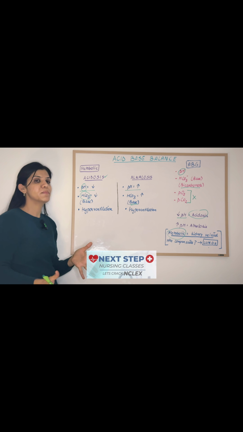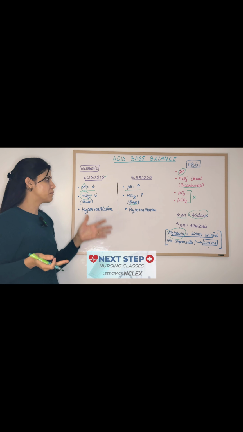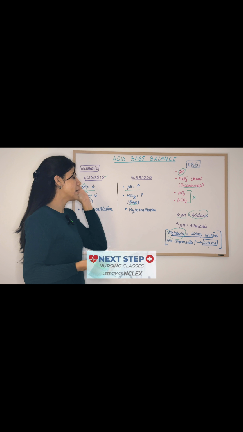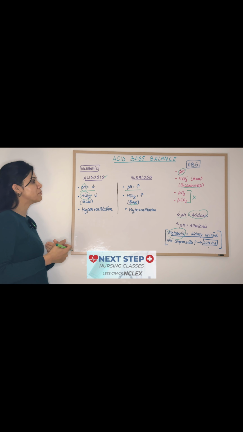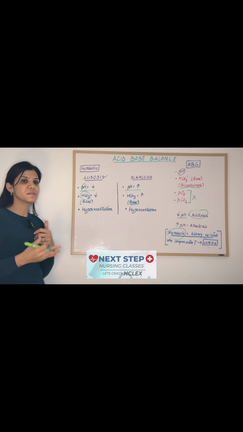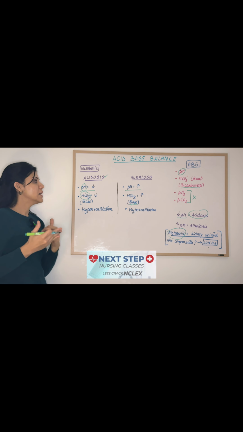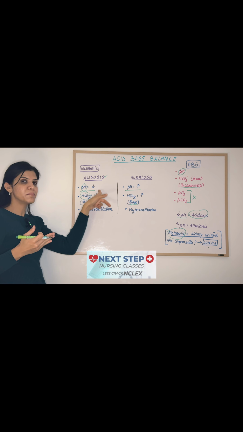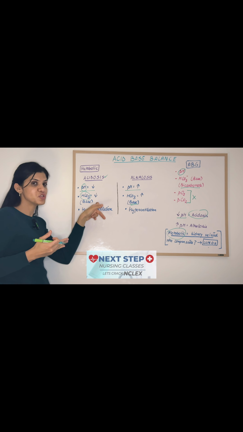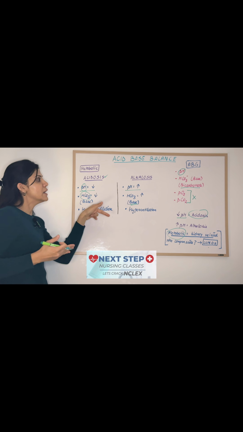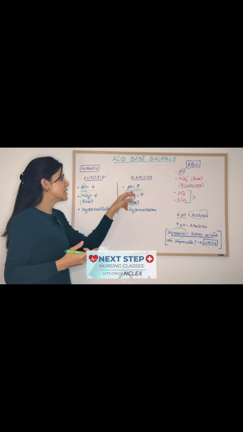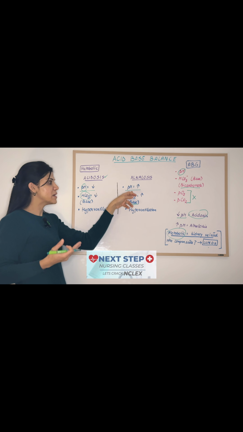If the base increases, the blood will have more alkalosis and the patient will have metabolic alkalosis. The cause for metabolic reasons is the kidney problem. In case of acidosis we have a decrease in pH level and a decrease in base, which is bicarbonate or HCO3. In case of alkalosis, the pH will increase because the conditions are basic here, and the base will obviously increase.